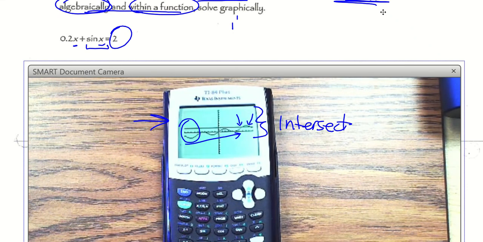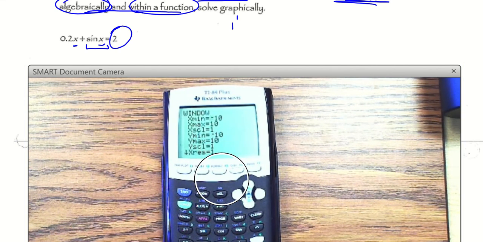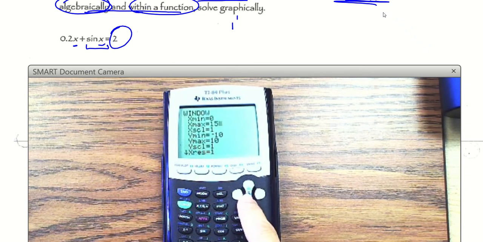I'm also noting that it looks like I don't need to see what's down here on the negative side of the axis, but I might need to see what's going on farther up. So I'm going to come in here to my window. Let me erase this so you can see what I'm doing. I'm going to change my window so I've got x's from 0 to, let's try 15 and see what happens.